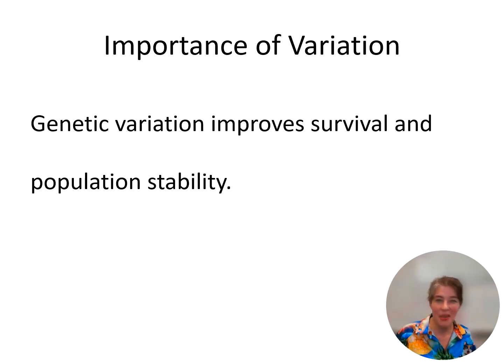All right, what's the importance of variation? We have talked previously about certain organisms, whether eukaryotic or prokaryotic, that make genetic copies of themselves. We don't do that, and a lot of creatures rely on genetic variation because it has some benefits.